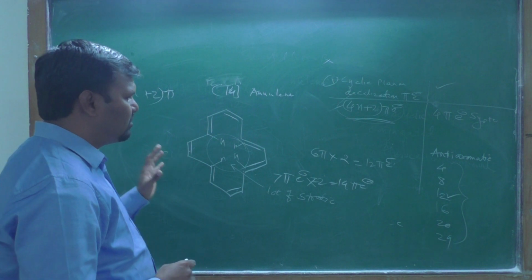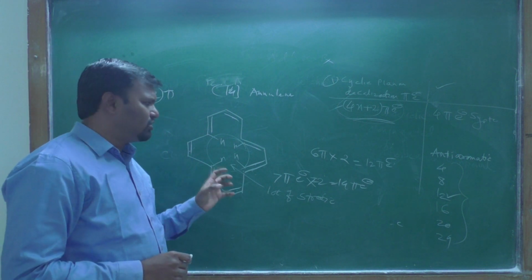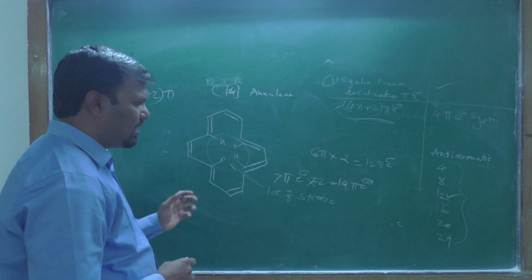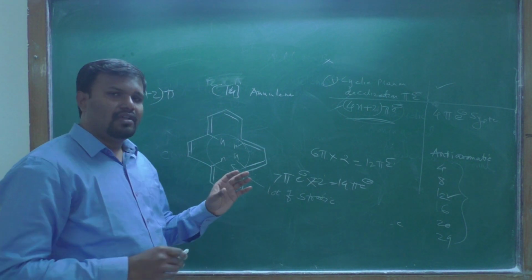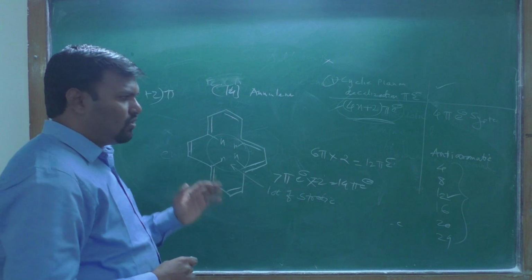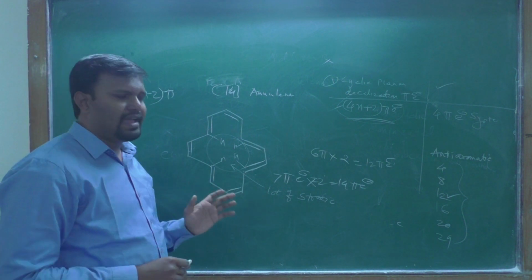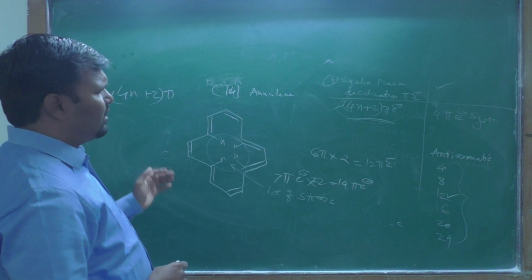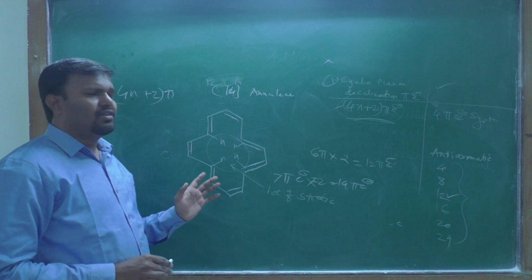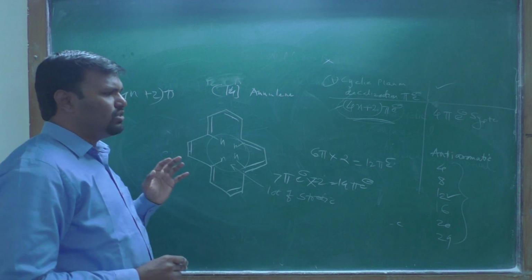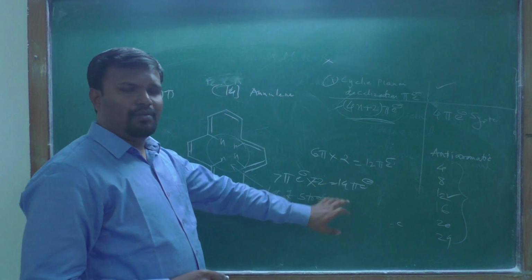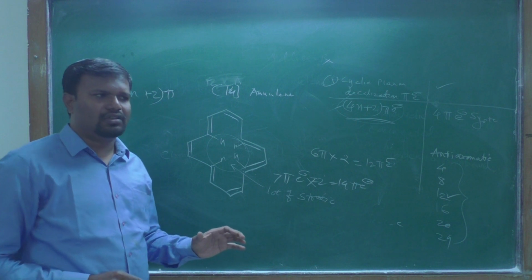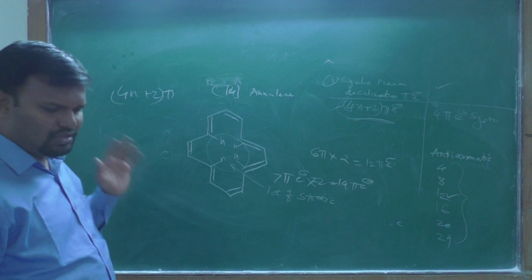If you consider this an aromatic compound, it should undergo the substitution reaction, as that is one of the aromatic characters. But this compound does not undergo the substitution reaction. Therefore, the 14 annulene system is not an aromatic compound, though it is having the Huckel number, because it is not planar, and therefore no delocalization of pi electrons takes place there.